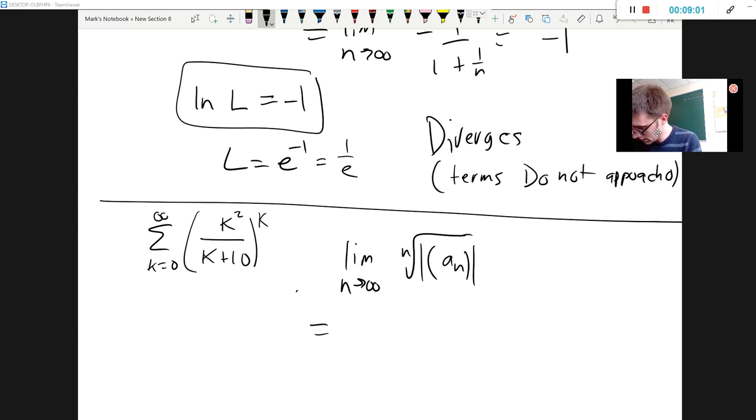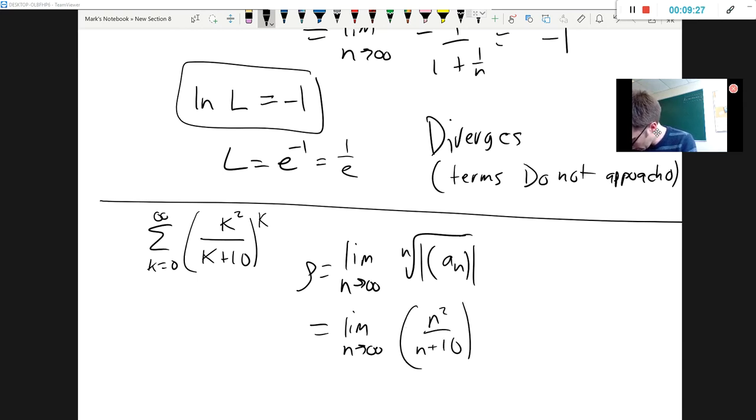In this case, again, our terms are positive, so we don't really need to worry about the absolute values. There are cases where that would be important, because otherwise you might be taking a root of a negative number, which may not exist. But in this case, we don't need absolute values. What we do have is, if a_k is k squared over k plus 10 to the k, then a_n would be equal to n squared over n plus 10, all to the n. And we want to take the nth root of that, which is the same thing as raising it to the 1 over n power.